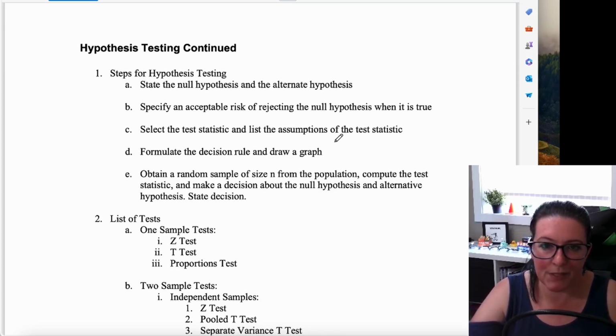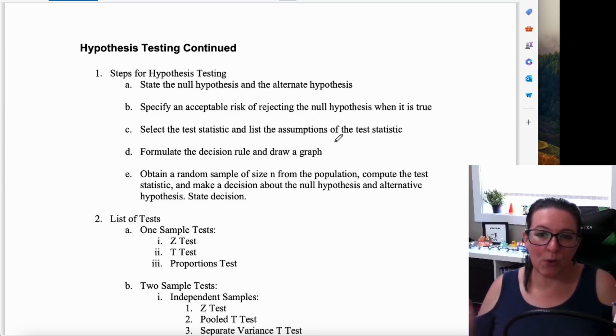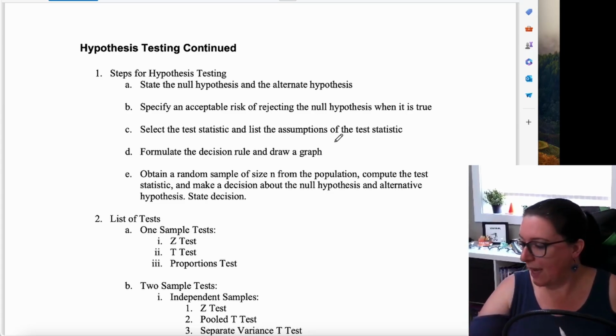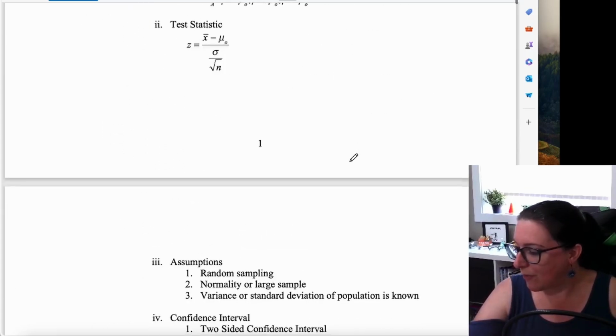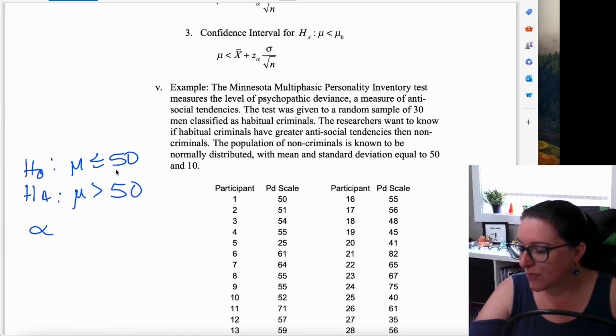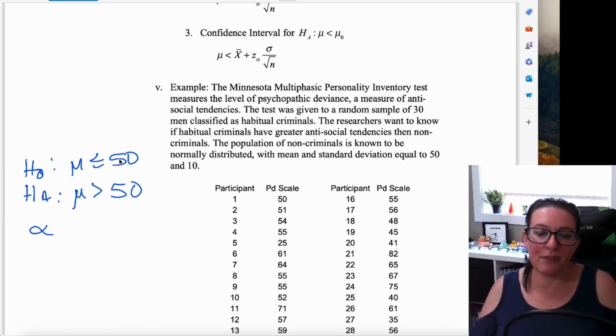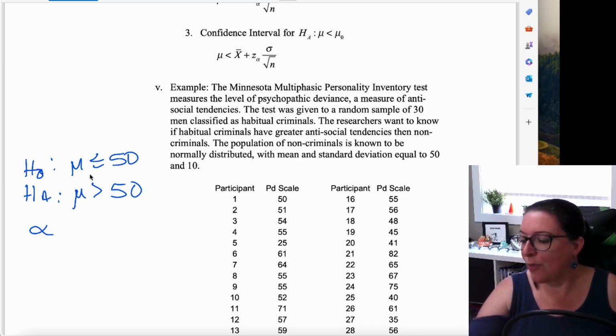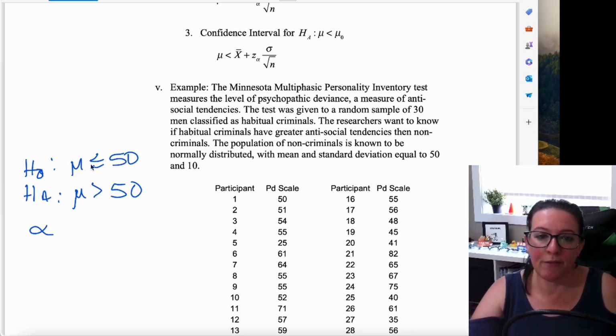So alpha is rejecting the null hypothesis when it is true. In this case, we would be rejecting this hypothesis that they are the same as the non-criminals, that their scores are equal to 50, rejecting that and saying, no, their scores are higher when in fact they're not.